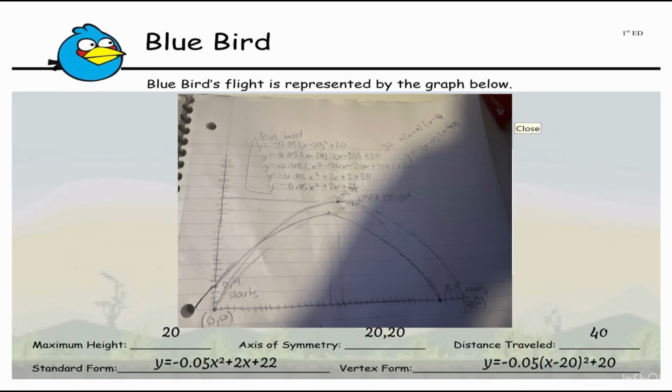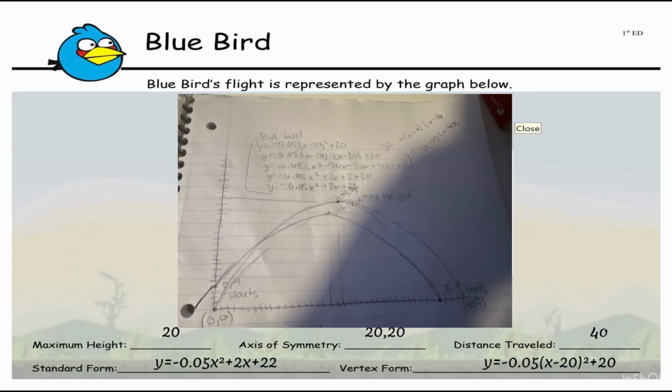And so our vertex form is y equals negative 0.05 times (x minus 20) to the power of 2 plus 20. So then from there it would be y equals negative 0.05 times (x minus 20) times (x minus 20) plus 20.